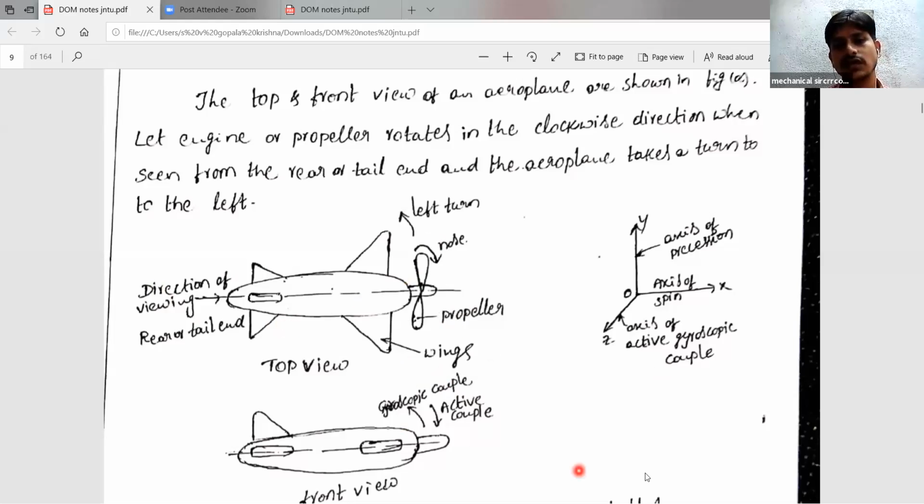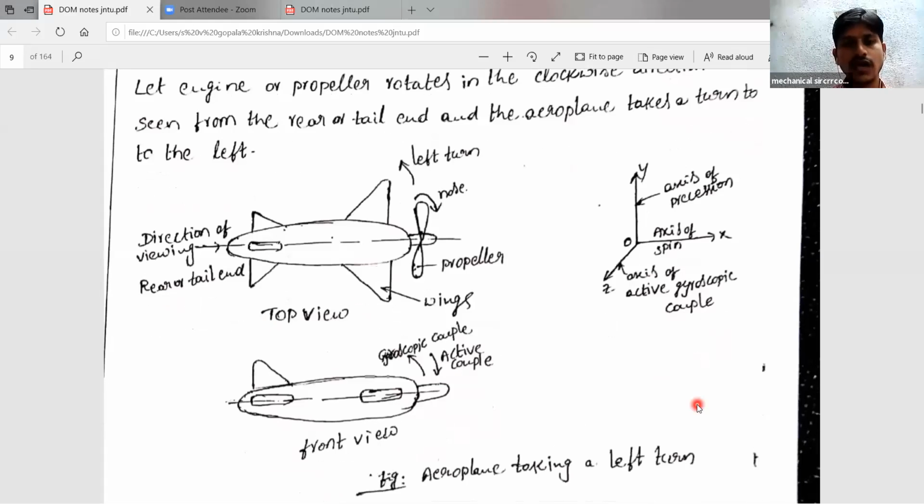Nearly 8 conditions are there, but from the derivation point of view, we only write the 4 conditions. Those are direction of viewing from the back side, and sometimes from the front side, that is the nose end. So what are the effects?